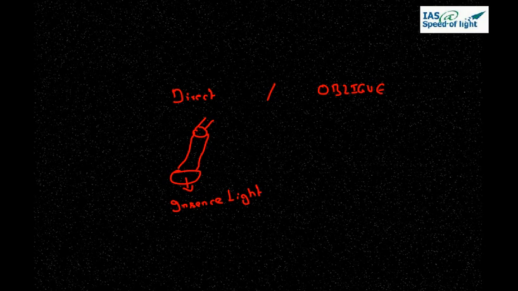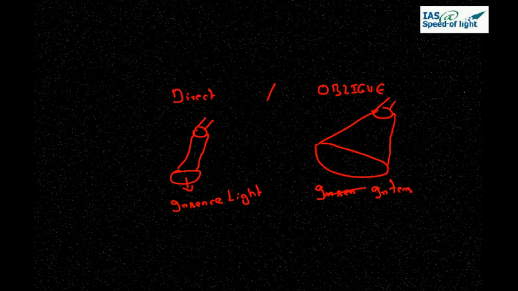Similarly, with oblique rays, when you make this similar torch give light on a large surface area, the intensity of the light goes down. Similarly, here intensity becomes high.